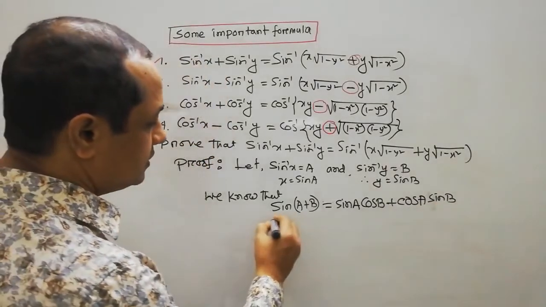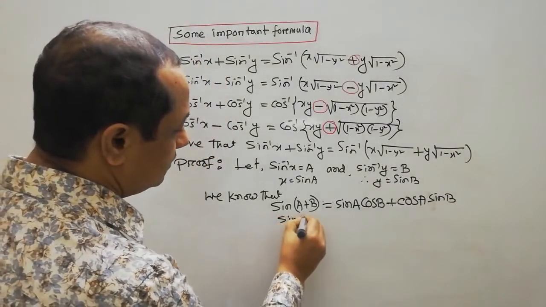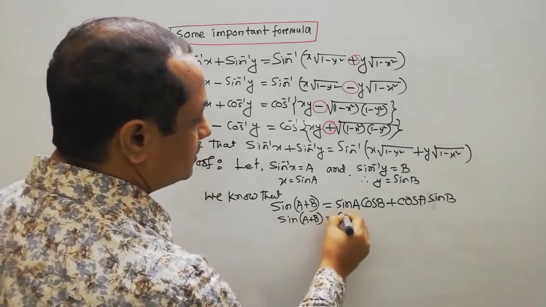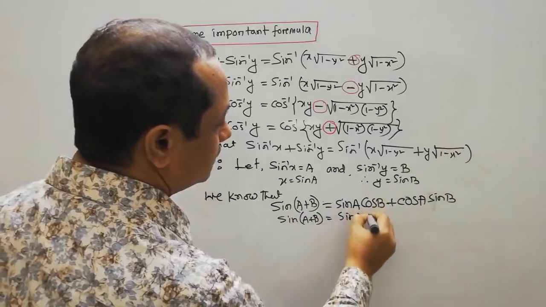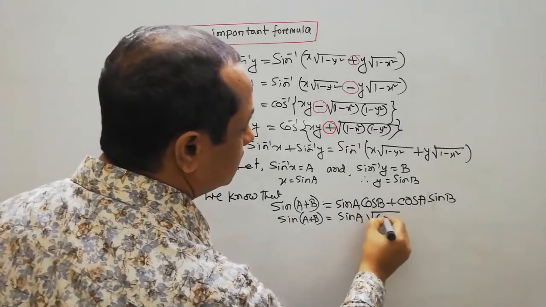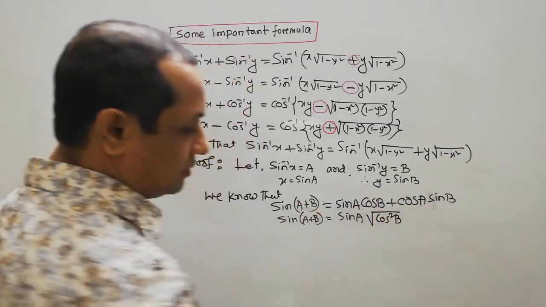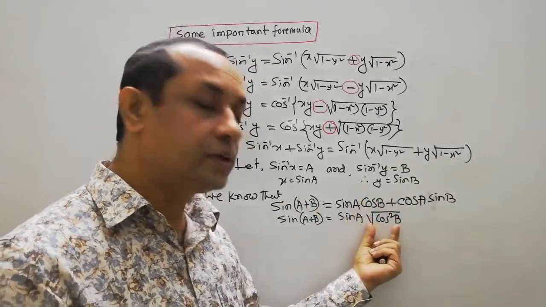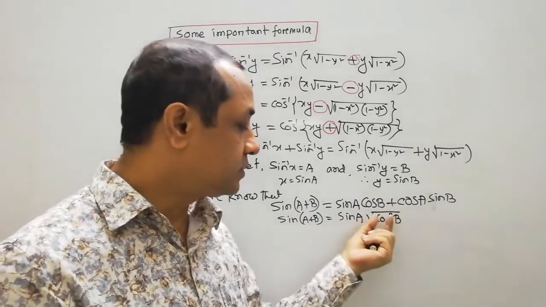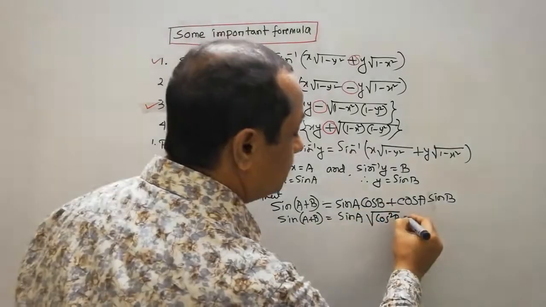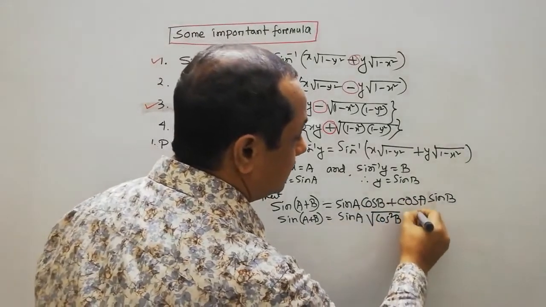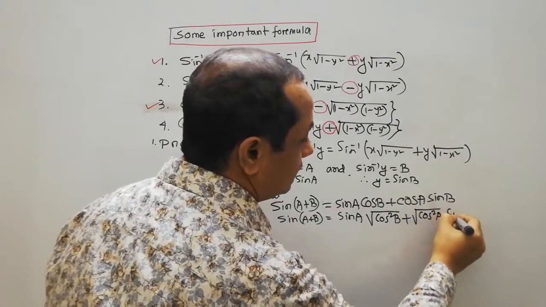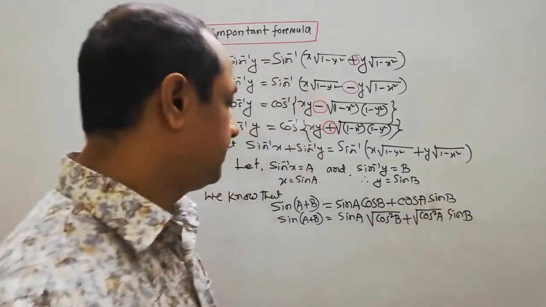Then we get sin(a plus b) equals sin a times cos b, where cos b equals root over cos square b. Student, here the square and root cancel. Now cos a means root over cos square a, into sin b.